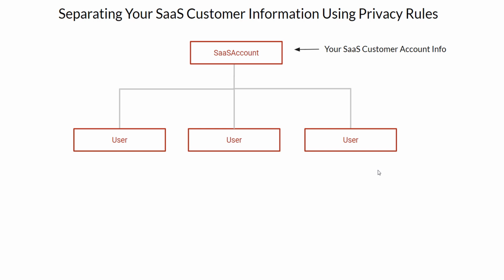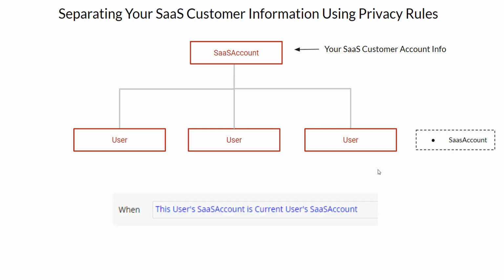If you remember from last time, we set up a field on the user called SaaS account, which links to the SaaS account that it's assigned to. Then we have a simple privacy rule on the user type: this user's SaaS account is current user's SaaS account. Remember that current user represents the user that is logged in.